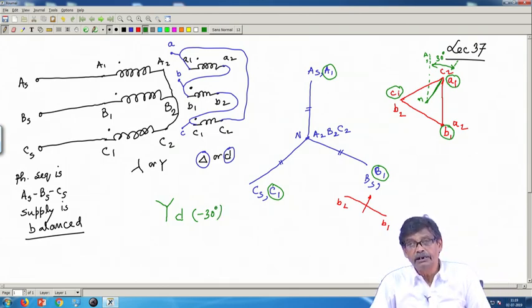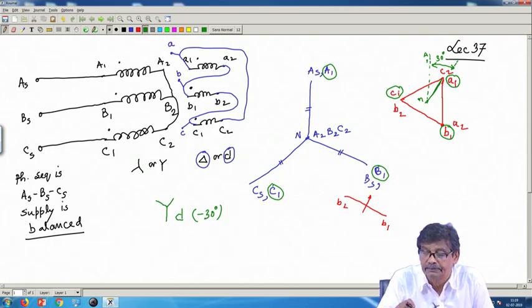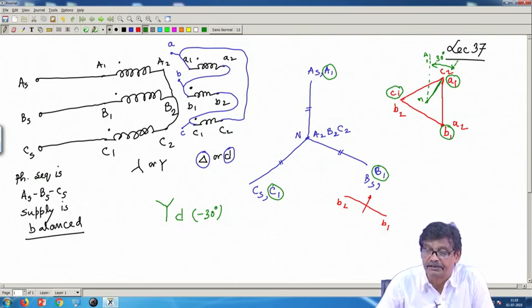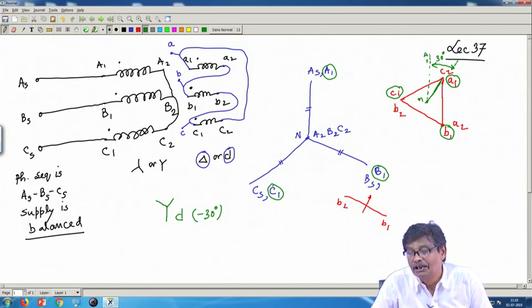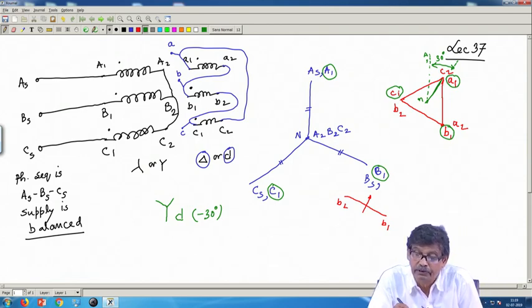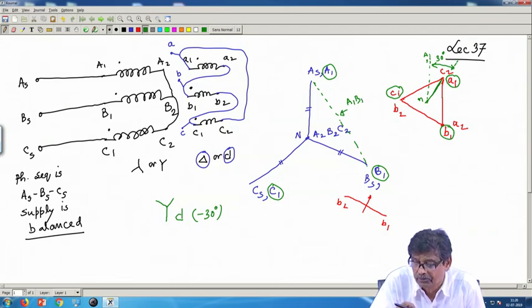But one important thing also, you note that it is not only the phase voltages, that is A1 with respect to neutral, that maintain 30 degrees. What about the line to line voltage? For example, primary side line to line voltage A1 B1, because the phase sequence is this. So, this voltage is A1 B1, which happens to be equal to As Bs.